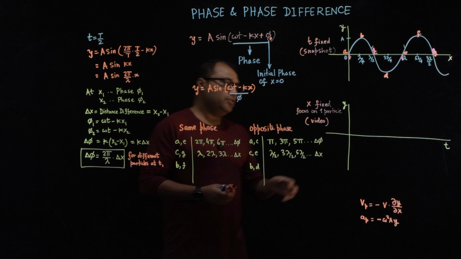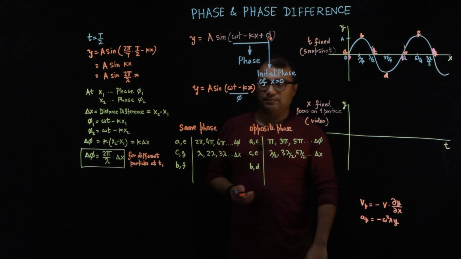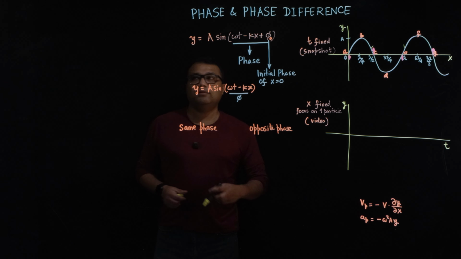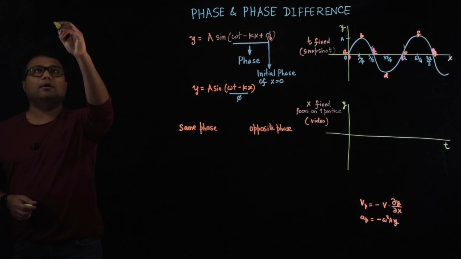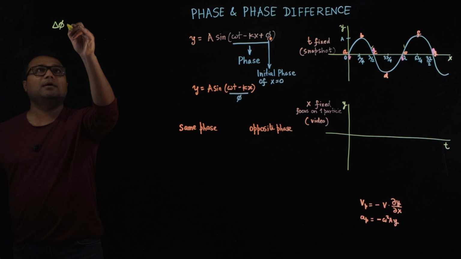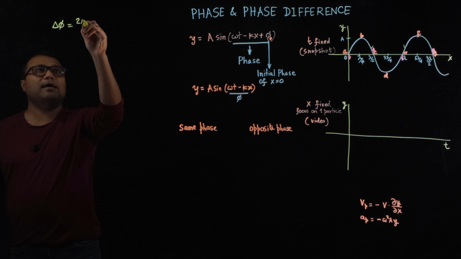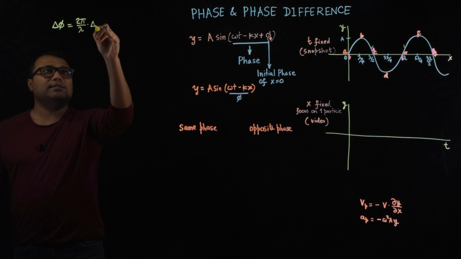Now let's try to do the phase difference for the same particle at different times. So first let's write down that relation that we got: phase difference of two particles at the same time is 2 pi by lambda multiplied by the distance difference.